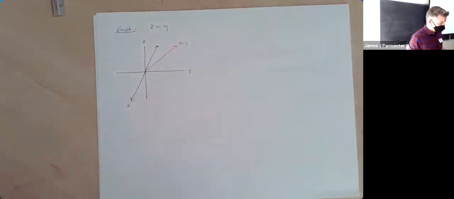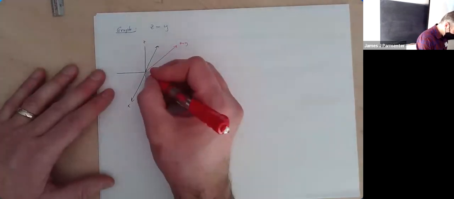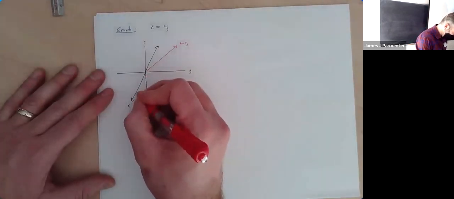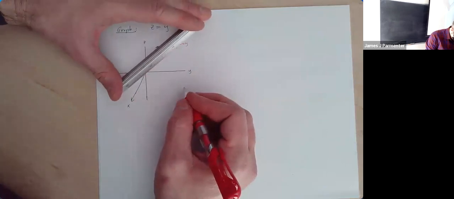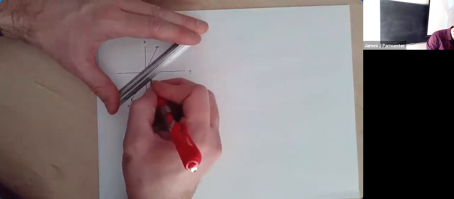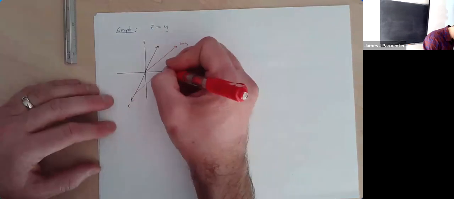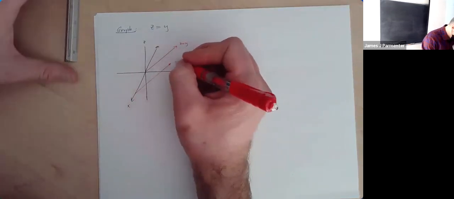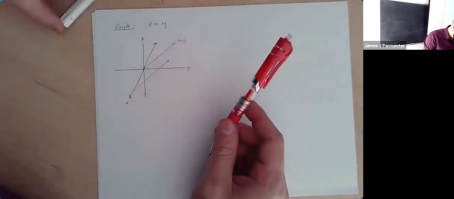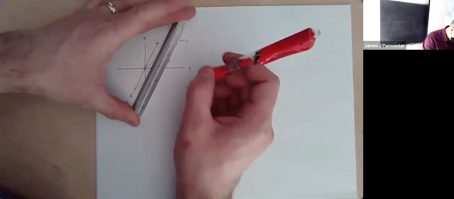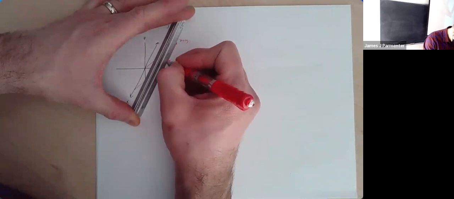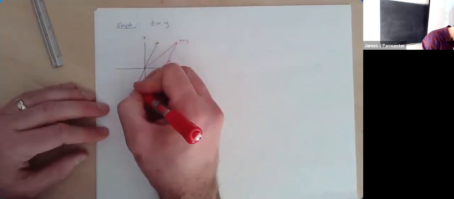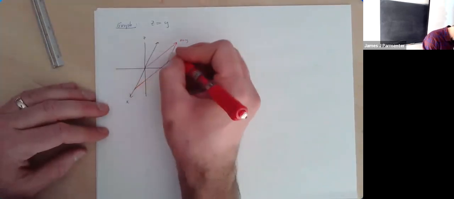Then when I extend this in the x direction, down to here, and the same on the other side, it looks like I've actually got the thing I'm trying to draw.